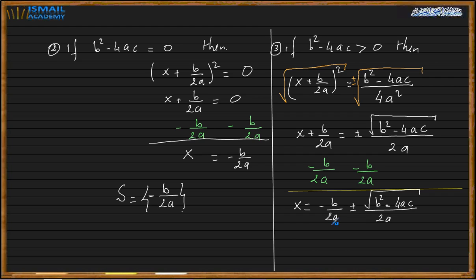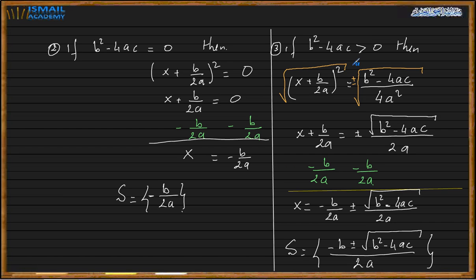They have a common denominator, so we can combine it. So my solution will be minus b plus or minus the square root of b squared minus 4ac, all over 2a. So those are the two types of solution we have if it's positive.